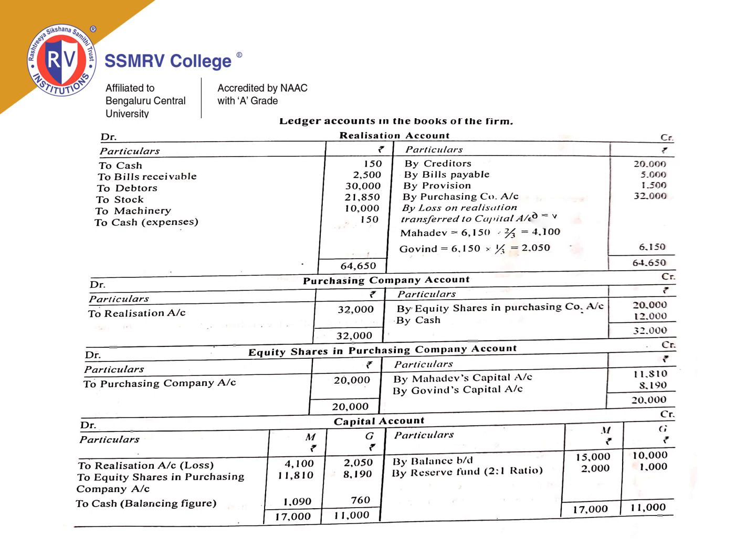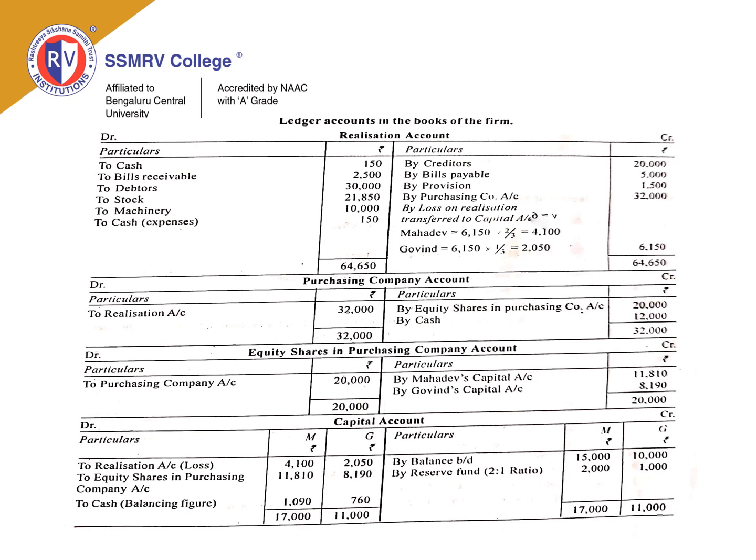Then the next step is the payment of realization expenses. So for realization expenses, the entry will be realization account debtor to cash account. So on the debit side of realization account, we write down the entry as to cash account rupees 150.